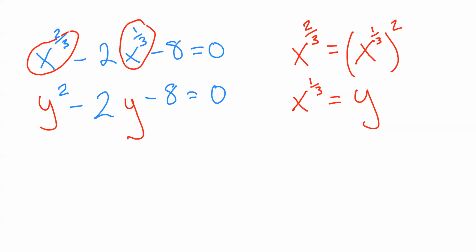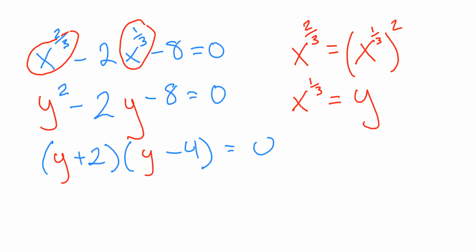They have to multiply to -8 and add to -2. Let's see, we're going to have a -4 and a +2. So y plus 2 times y minus 4. And then we know that our y equals -2 or +4.